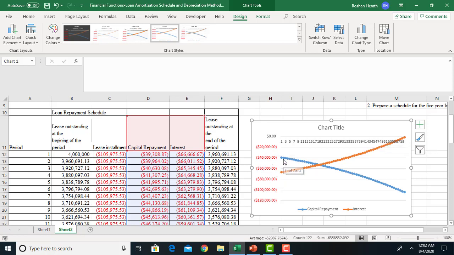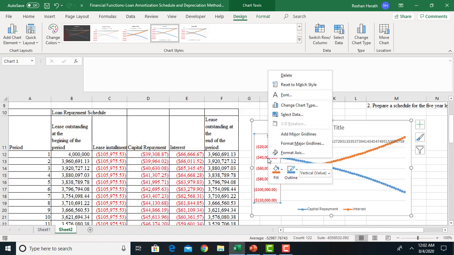The capital repayment, you can see it increases: it starts from nearly 40,000, like 39,308, then it goes up until like 105,000. While the interest starts at like 66,667 and it gradually decreases. So here the minus figures have been taken the other way around.